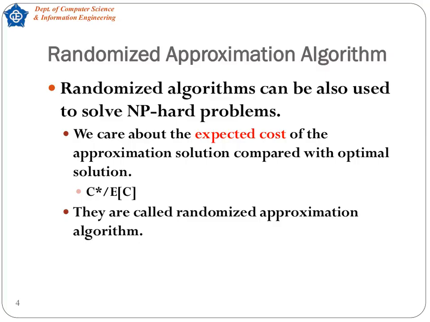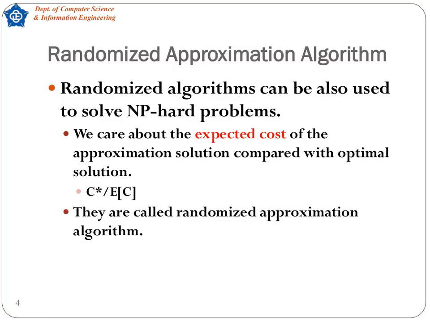Building directly on our understanding of expected value, this slide introduces a fascinating application, randomized approximation algorithms. What's truly exciting is that these randomized algorithms can be incredibly effective, even for solving notoriously difficult NP-hard problems. When we employ them, our primary interest centers on the expected cost of the approximation solution, specifically how it compares with the optimal solution.